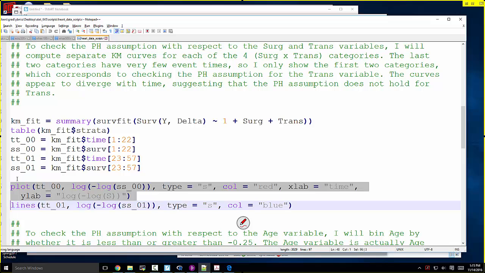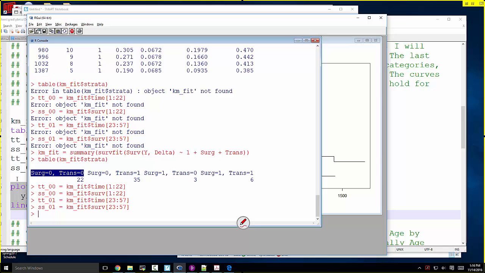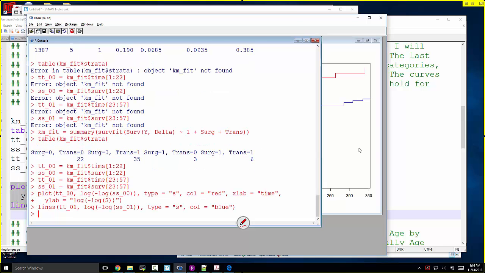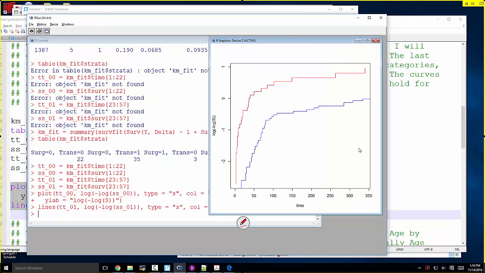And then I'll add line segments for log minus log of the survival probabilities of no, yes. If proportional hazards with respect to transplant hold, then these curves should be roughly separated by a constant amount.